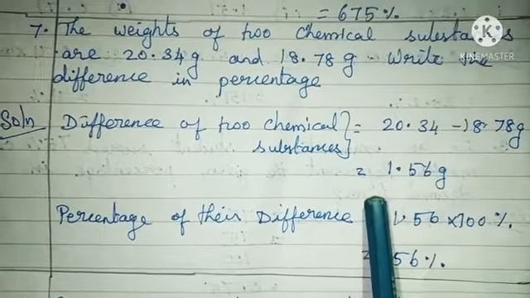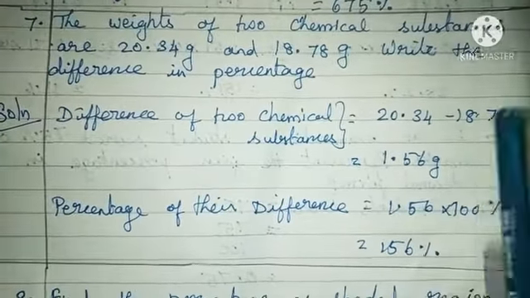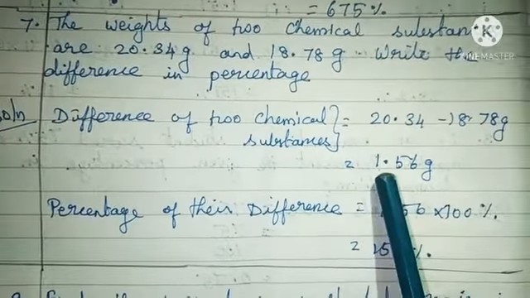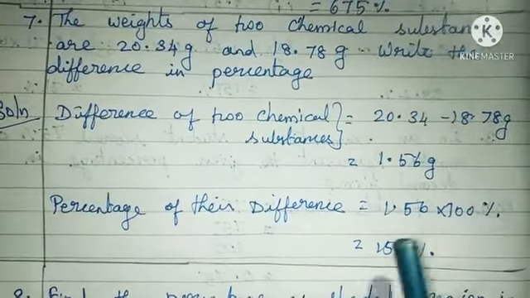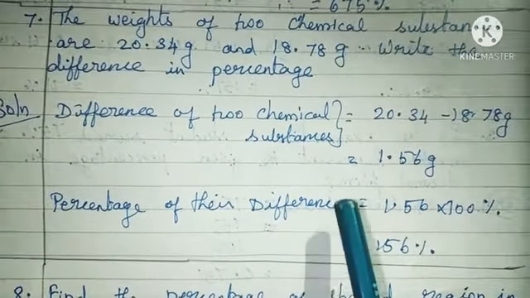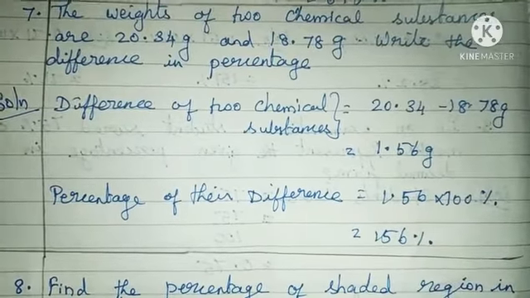We get the difference in weight of two chemical substances as 1.56 gram. Now you have to convert this decimal into percentage. For that, we are going to multiply it by 100. Then we get the percentage of their difference of two chemical substances as 156%.